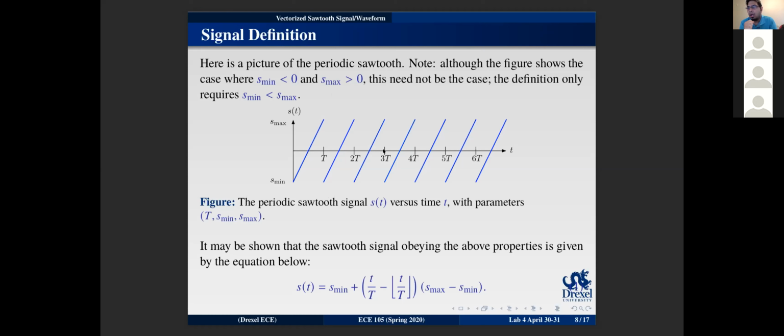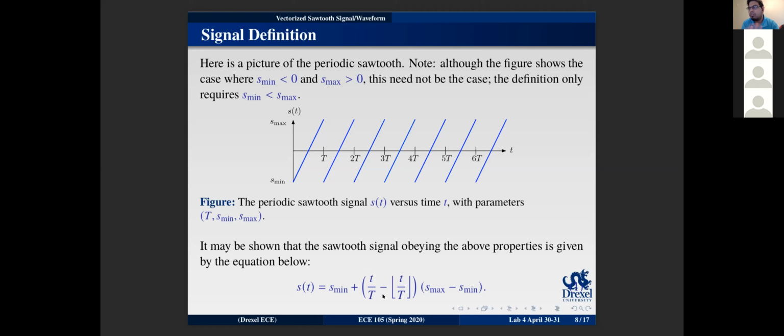So if I have to put this in a mathematical form, I can write the instantaneous signal at any point t, small t, as equal to the minimum value plus t over capital T minus the floor of t over capital T, times S max minus S min. Now this all looks a little complicated. Can somebody tell me what this part of the equation means?